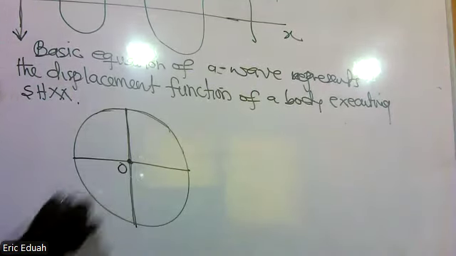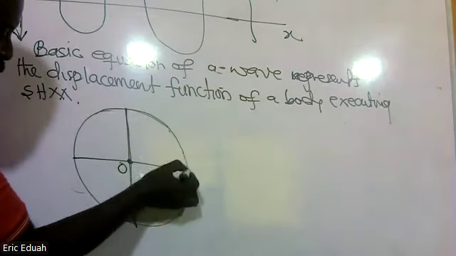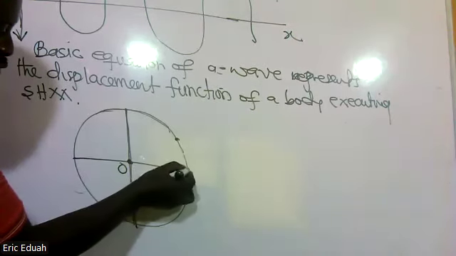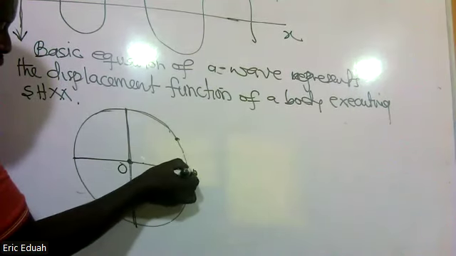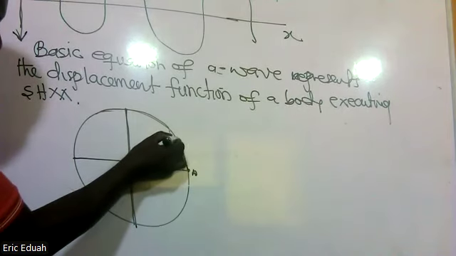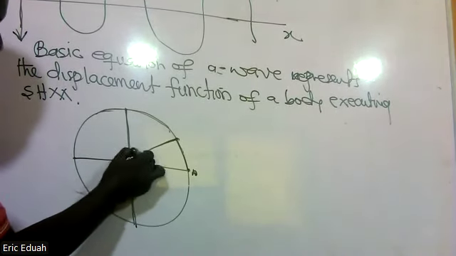So this is the origin O. When a body is executing circular motion, it moves from a point A to this point. This linear displacement is directly proportional to an angular displacement at the center, theta.